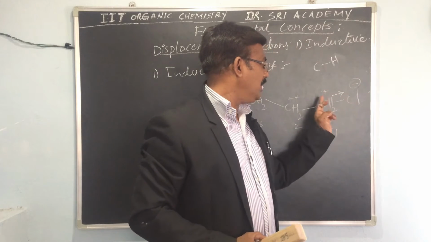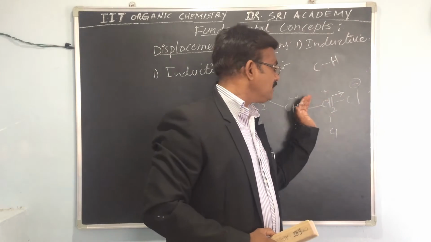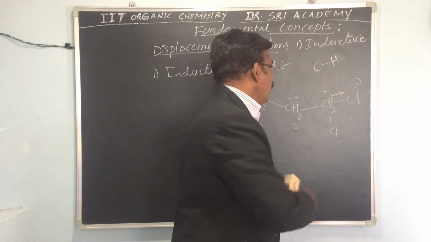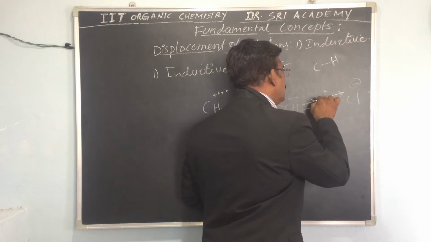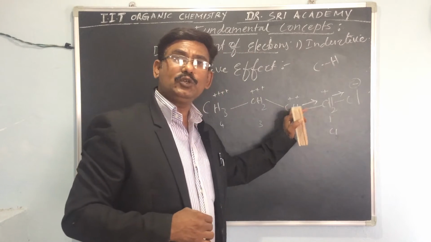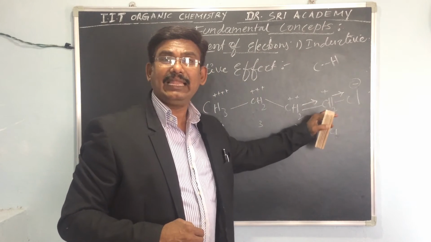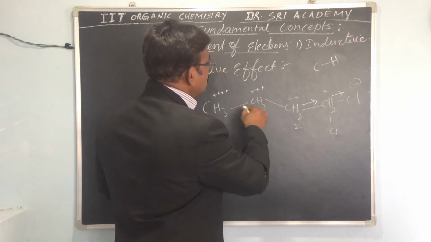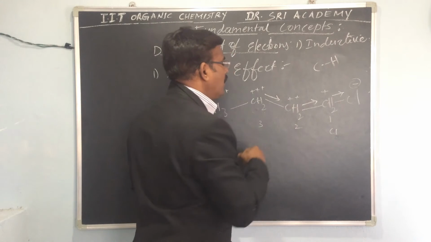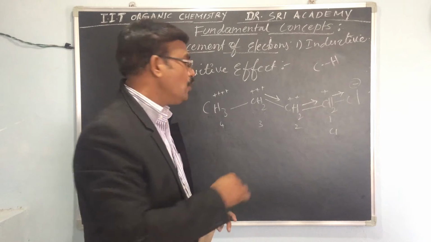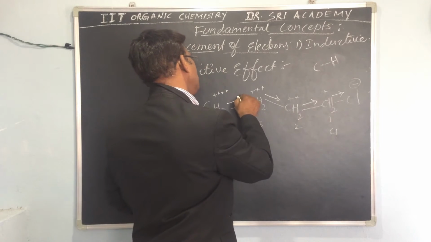So the C1 carbon drags the electron from C2, C2 drags the electron from C3, and C3 drags the electron from C4.